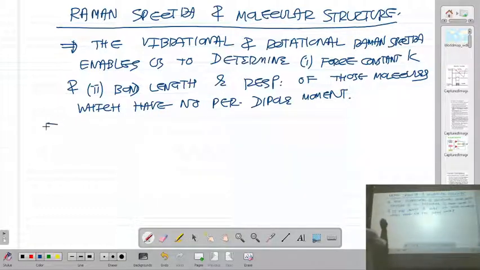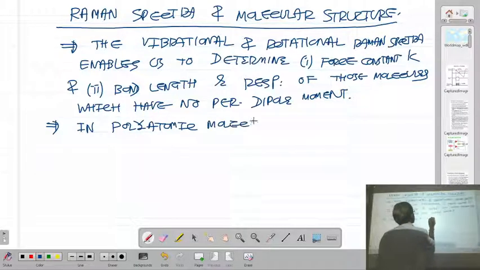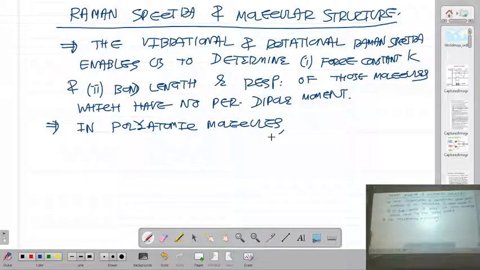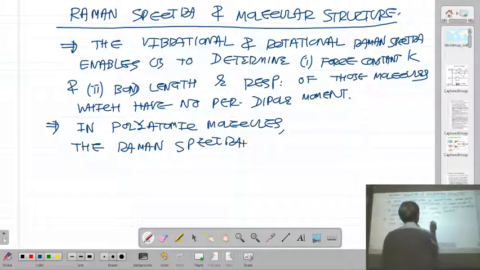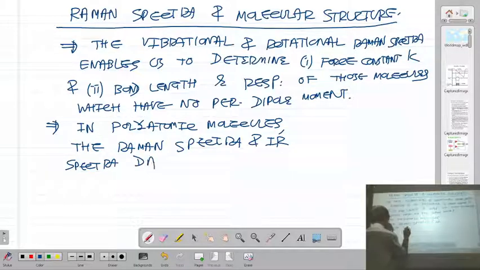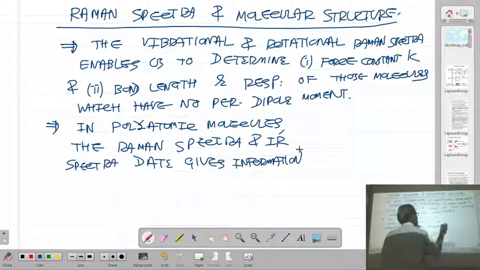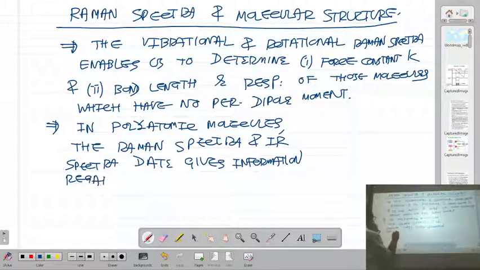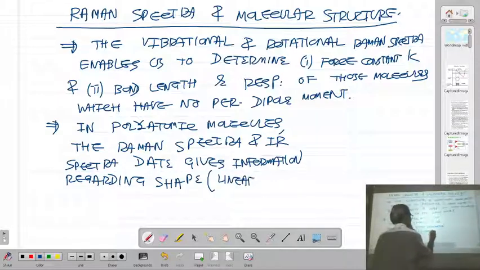Second, in polyatomic molecules, Raman spectra and infrared spectra data give information regarding shape, meaning whether the molecule is linear or bent.